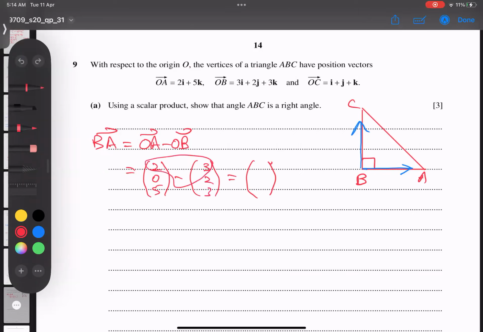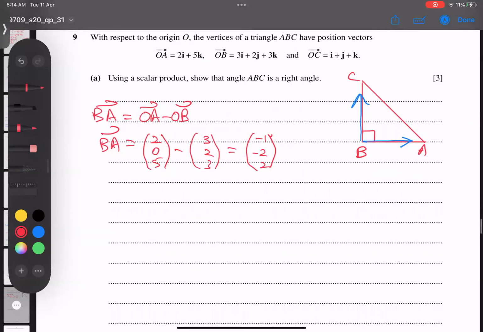So 2 minus 3 gives -1, then -2, and then 2. So BA, I got it. Now BC. So the BC vector is OC minus OB. Where the vector ends, we start from there, and then OB comes at the end. So I hope the approach is clear. OB minus OA, and here is my answer.